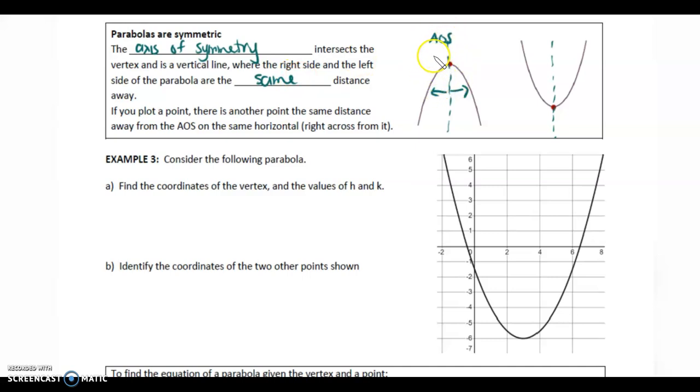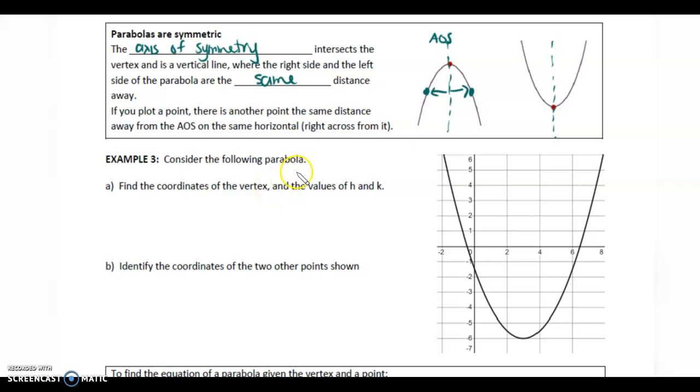We usually write AOS. So if you plot a point here on this quadratic, there's going to be another point that exists the same distance away at that same horizontal. Okay, so there's our formal definition and example of axis of symmetry.